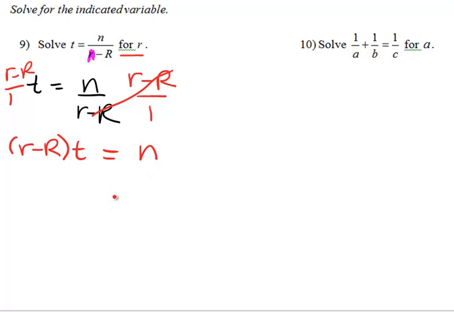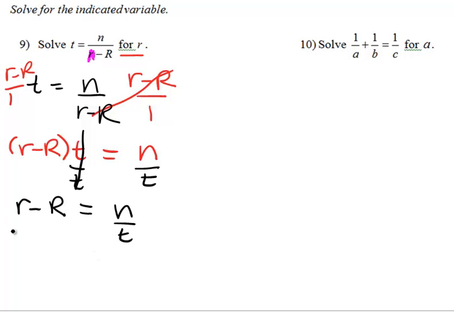I'm getting closer. This is still a chunk that's working independently, so this I need to get rid of. So I'm going to divide out the t on both sides.